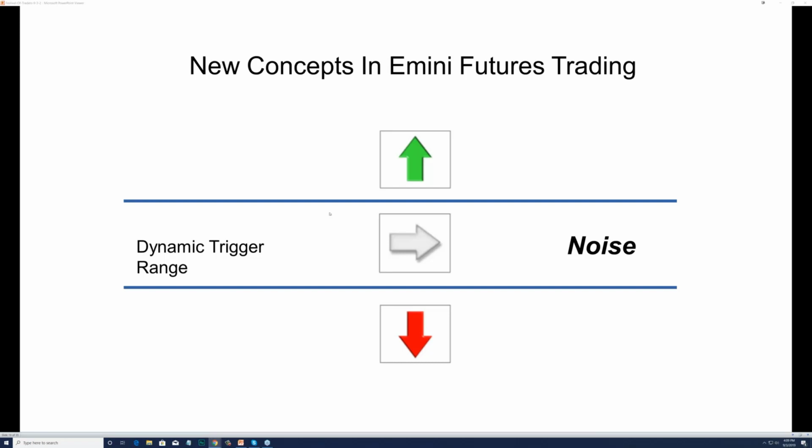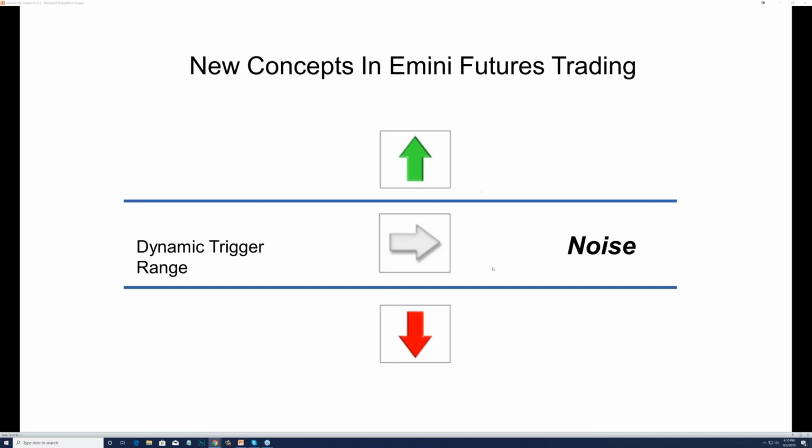What I discovered is that this dynamic trigger range does sandwich the noise and the congestion really well, but when price is able to get out of that is where we see big impulse moves occur. So it was a little bit of an accidental discovery that not only does this tell me where the noise is, but we get great trading signals on the breakouts.